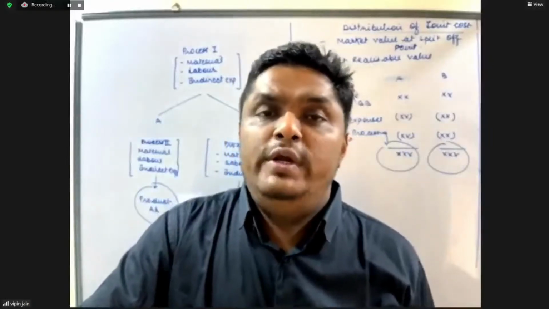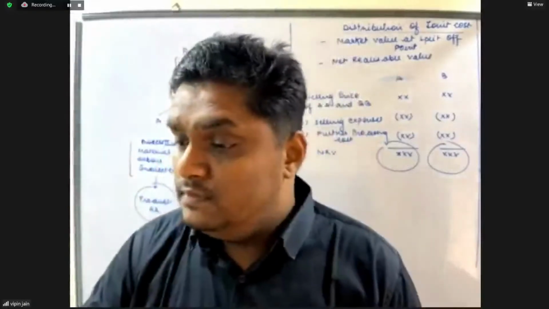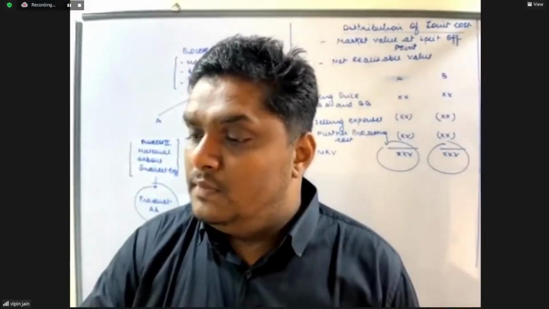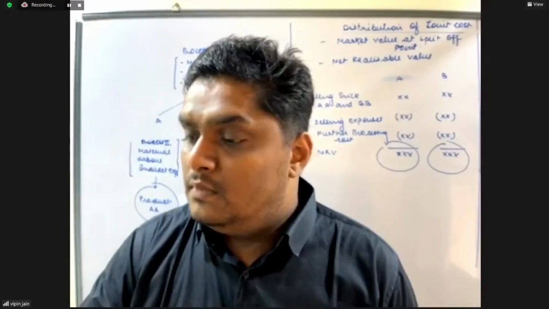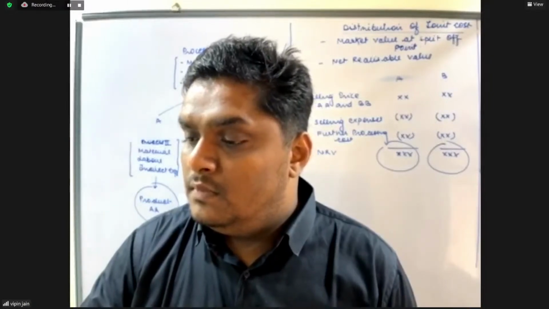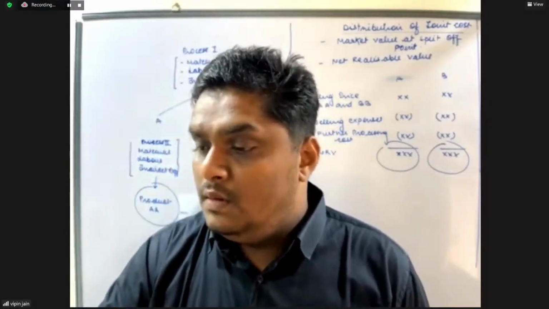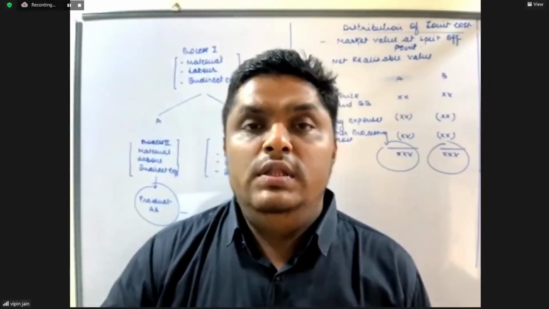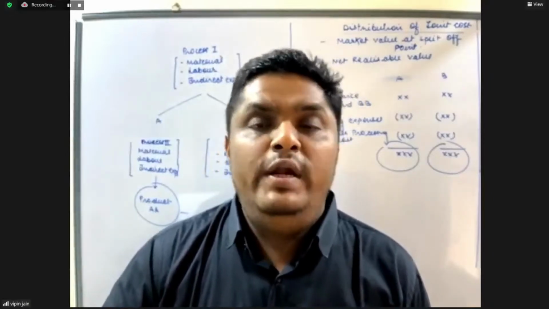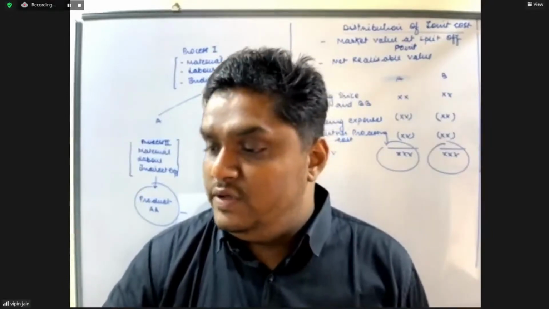So we'll distribute the joint cost in the ratio of market value at split off point or net realizable value, or as per the instructions given in the question.